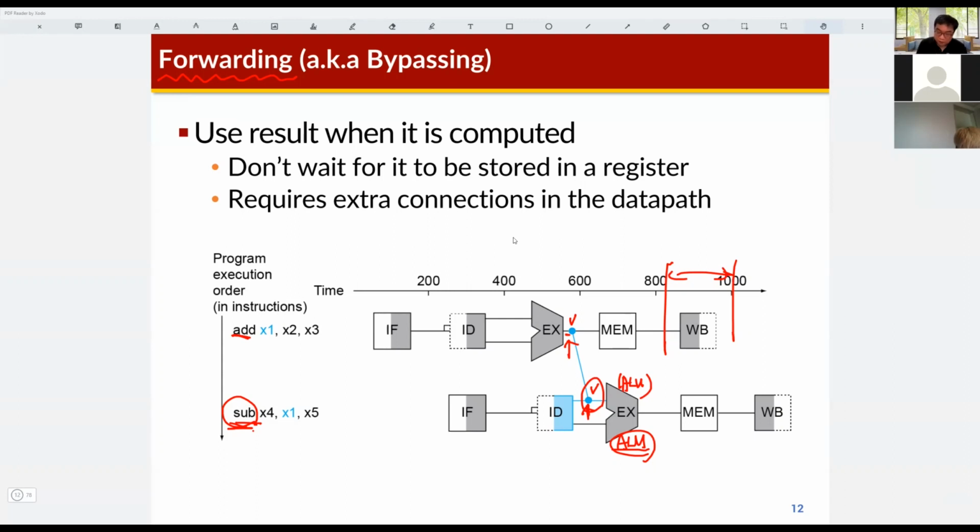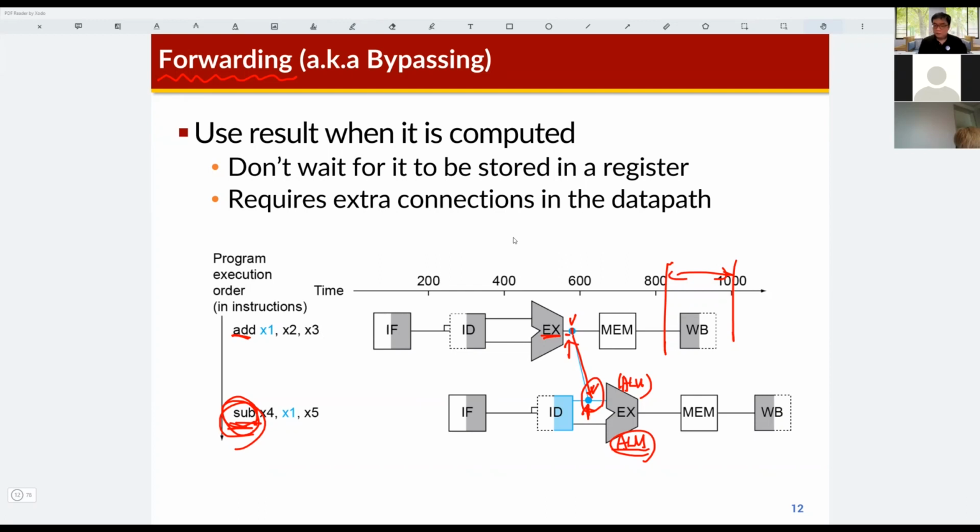So if there is a path from the output of the ALU to the input of the ALU, then the next instruction can use the data generated by the previous instruction.